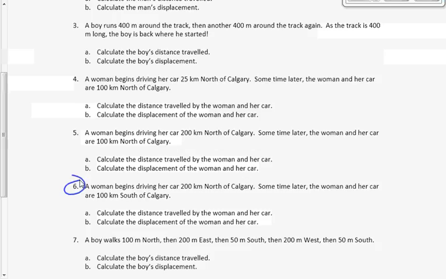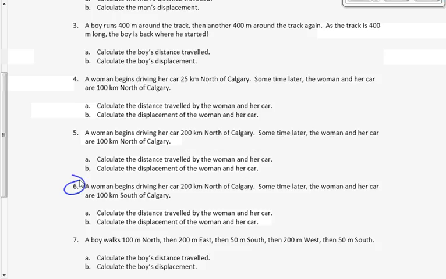Are we given the positions of the woman in her car, or the displacements? Is this where the woman in her car is, or is this how far she has traveled? It's to where they are. This is where she begins. She begins at this spot, 200 kilometers north of Calgary, and she ends 100 kilometers south of Calgary.